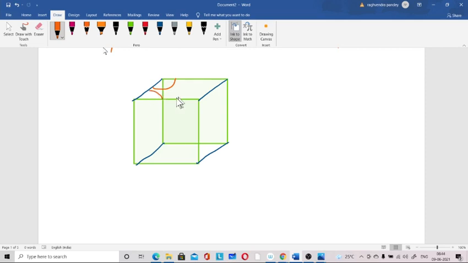They do not touch each other. There is some gap between them, here and here. And here also it is the same. That is your 1/8.